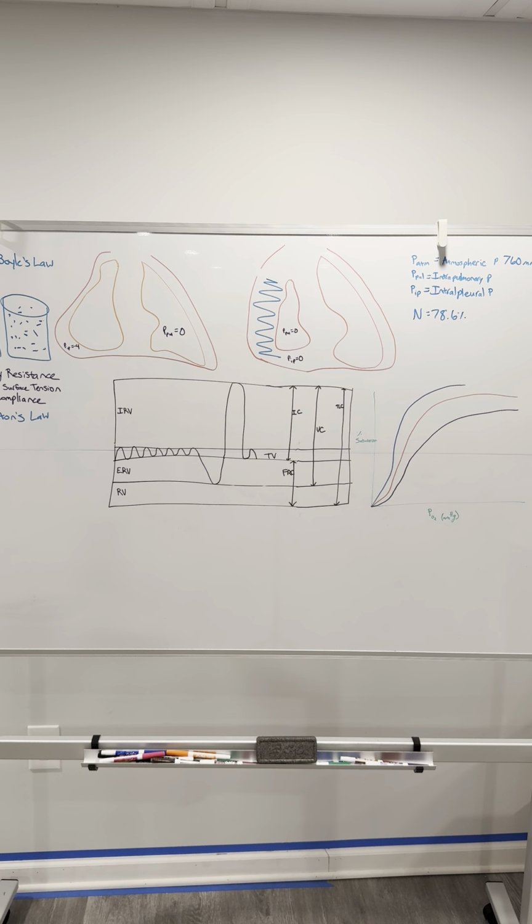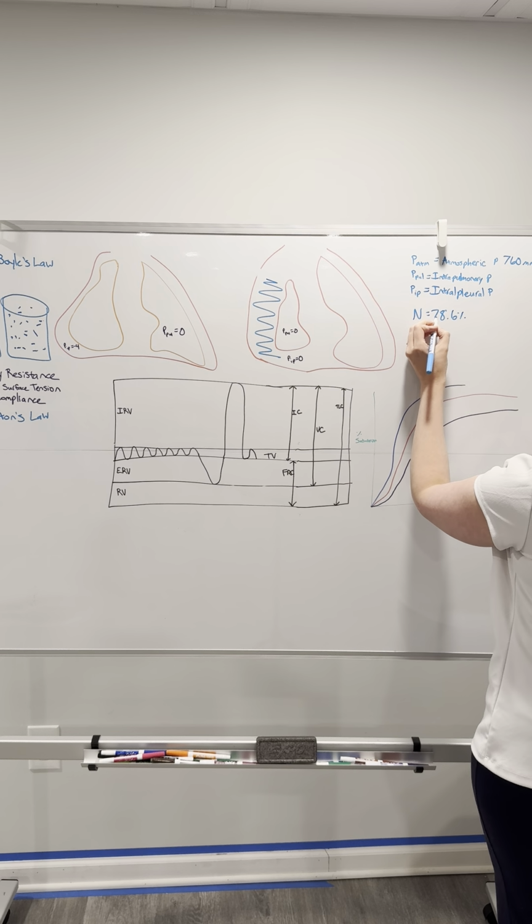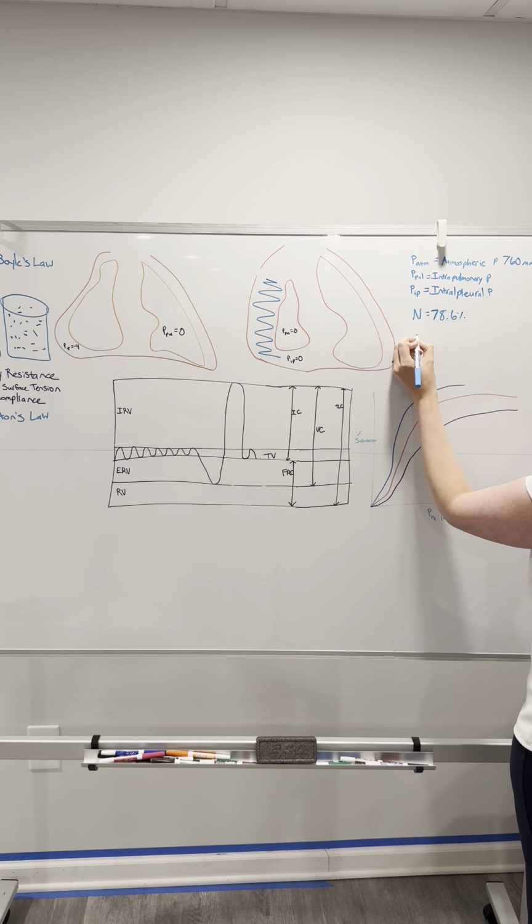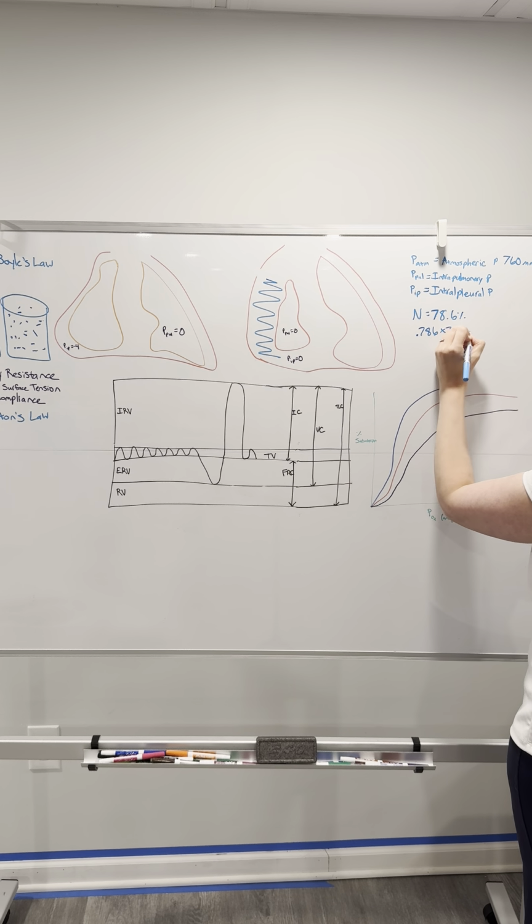To calculate how much pressure is being exerted on us in our atmosphere just from nitrogen, we can do 78.6% of 760. So you turn that to a decimal, 0.786 times 760 millimeters mercury.